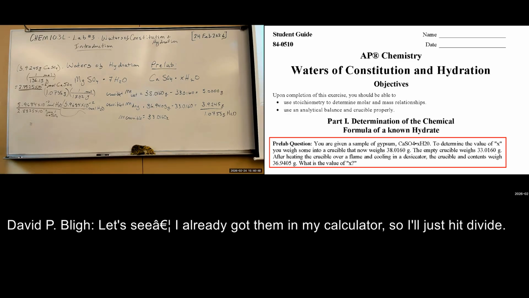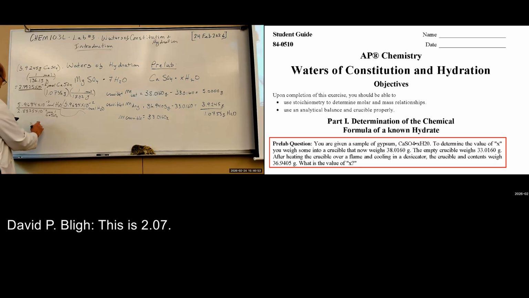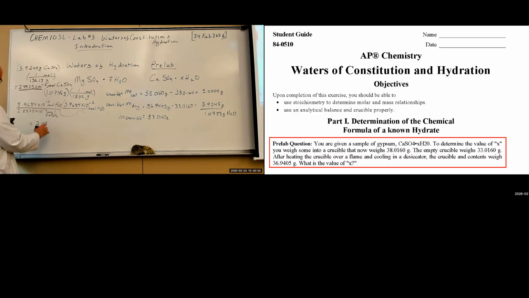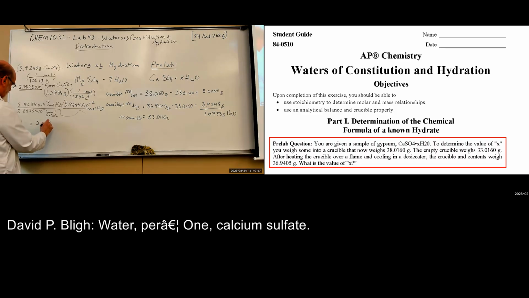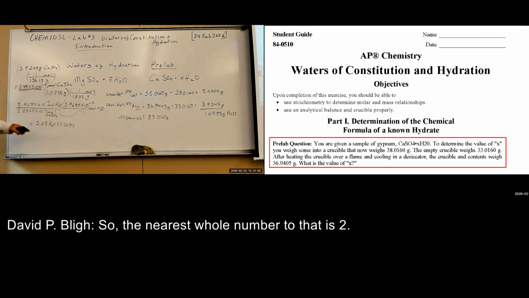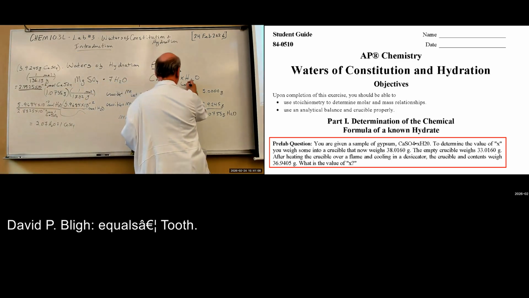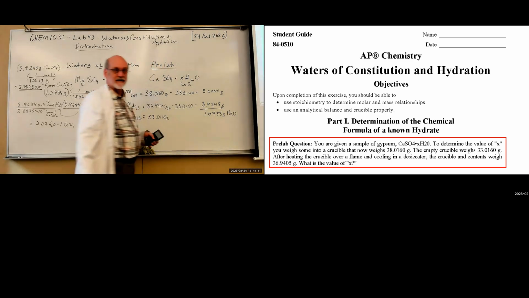Let's see. I already got him in my calculator, so I'll just hit divide. This is 2.07 water per 1 calcium sulfate. So the nearest whole number to that is 2. That means X equals 2.